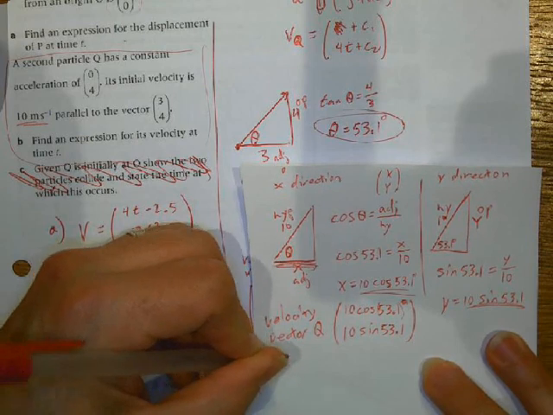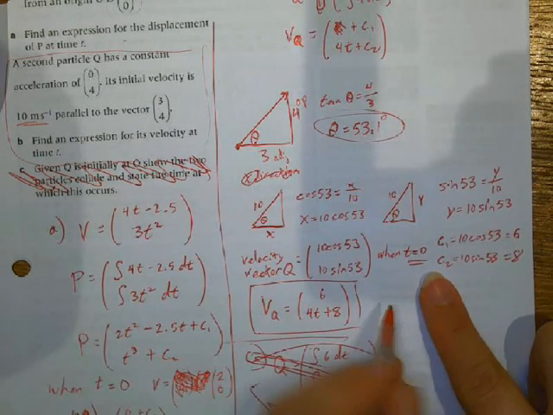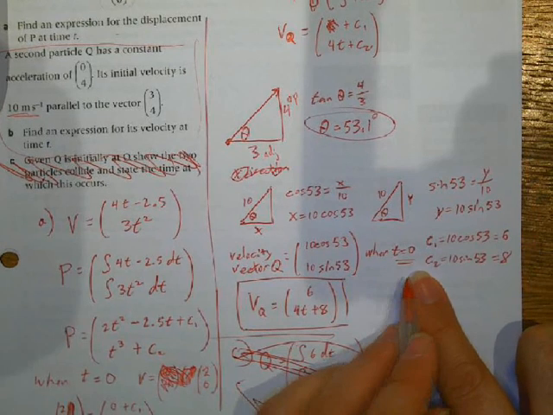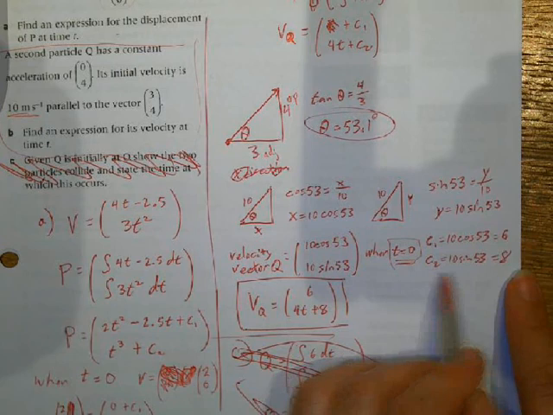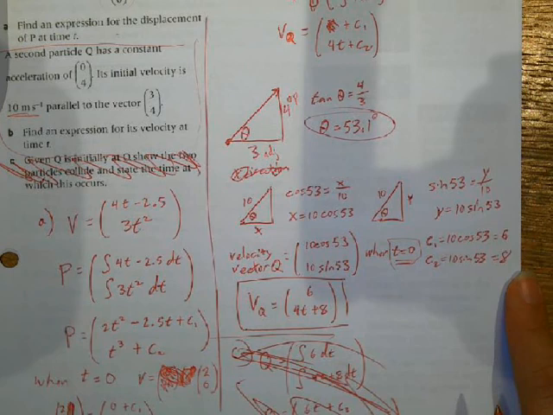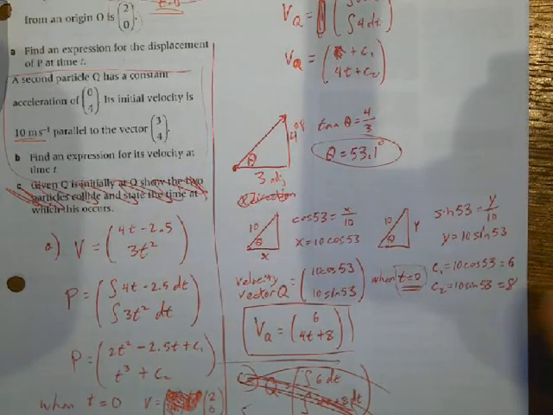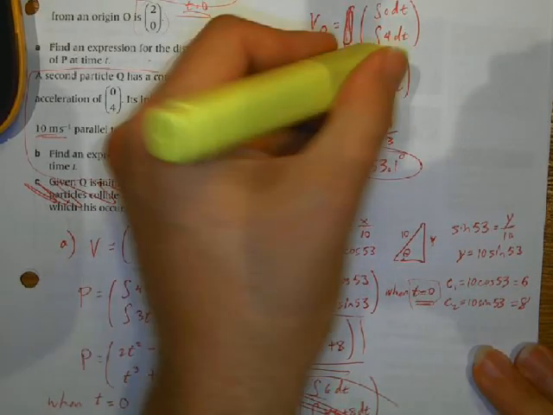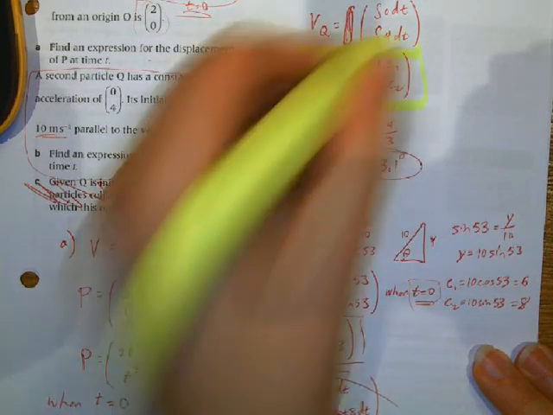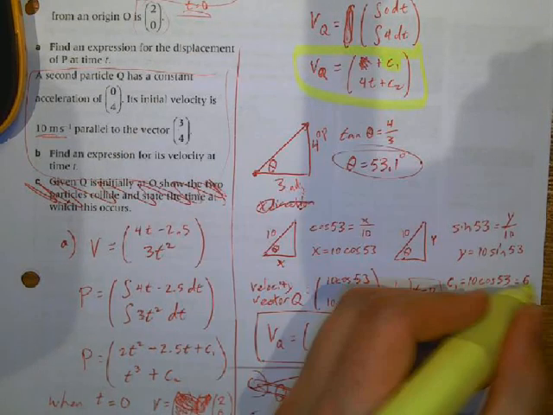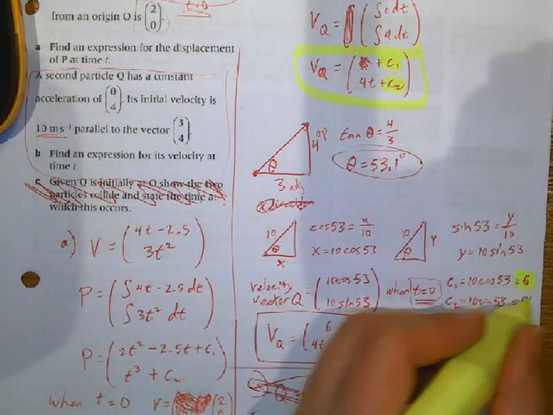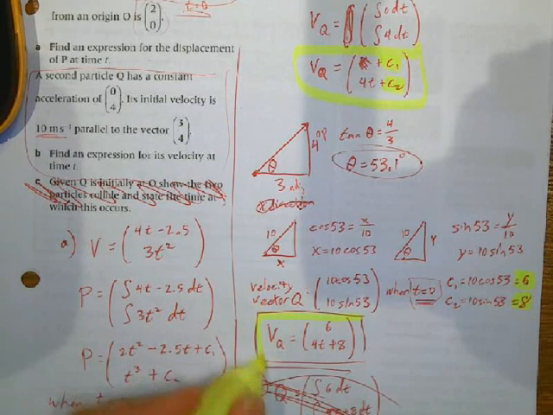So when t equals 0, because this is initially, then we know C1 is going to be 6 and C2 is going to be 8. So I go back to this original velocity vector, and now I know that C1 is 6 and C2 is 8, and that gets me this final answer. There you go.